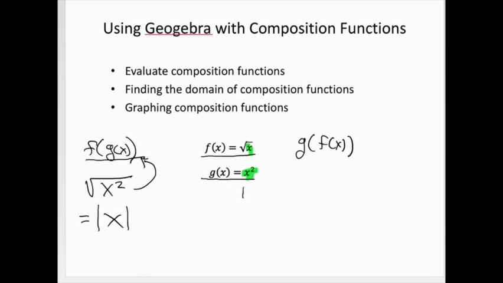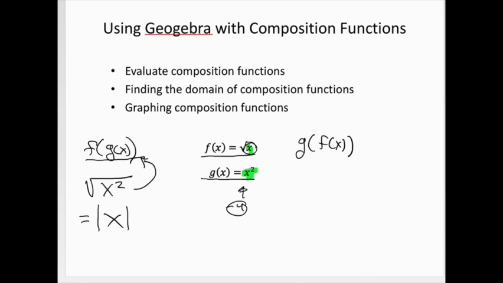So for example, if I plug in -4 here, it's going to square it and come out as positive 16. And then I'm going to put positive 16 in here, and it's going to come out as positive 4.